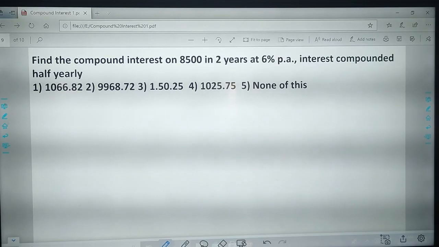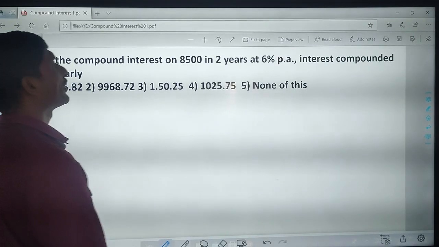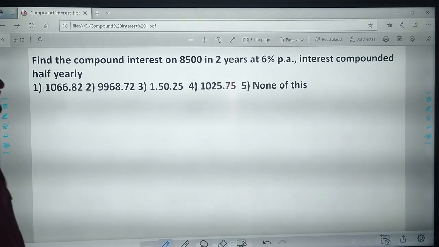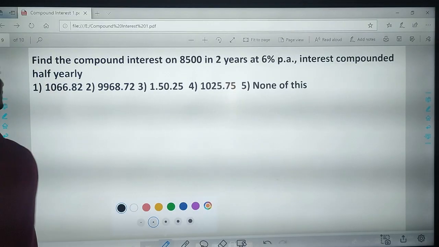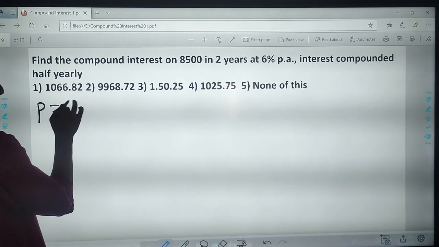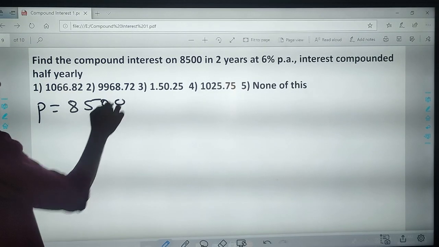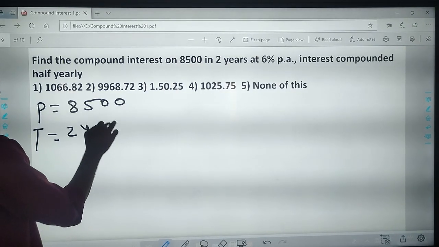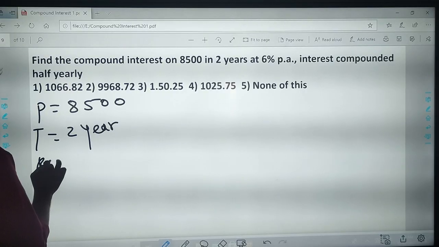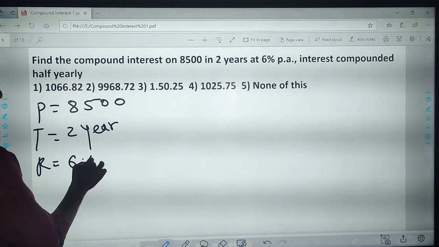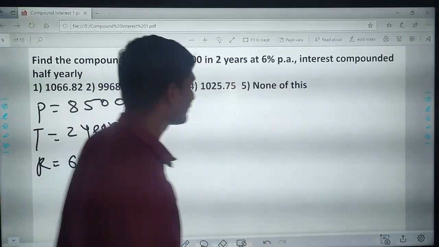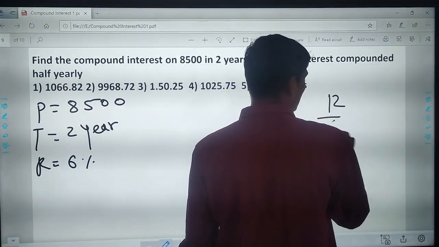Find the compound interest on 8,500 in 2 years at 6% per annum, interest compounded half yearly. Then your principal is 8,500. Your time duration is 2 years. And rate of interest is 6%. Now here compounded half yearly, for 6 months.